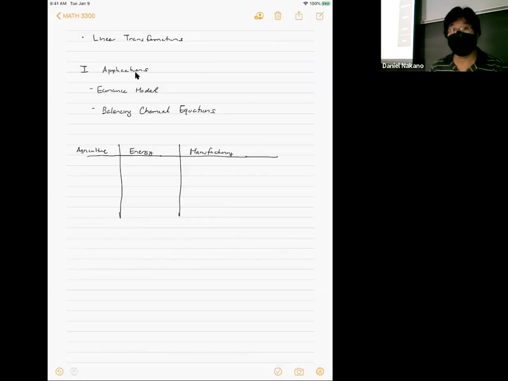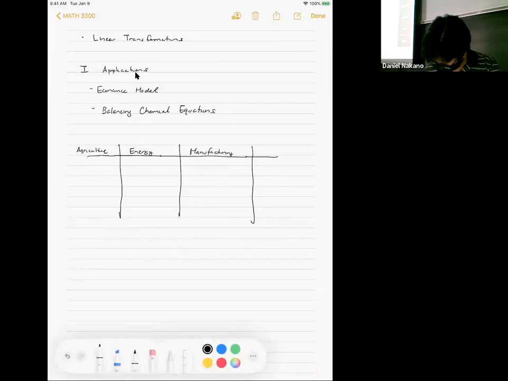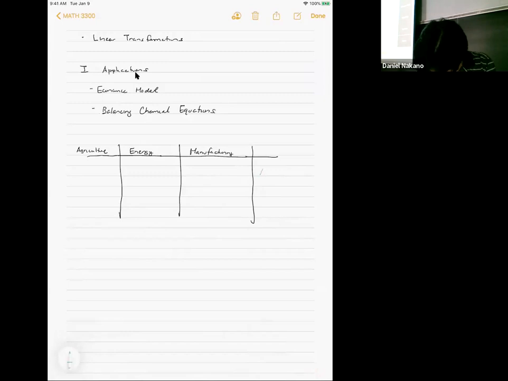Each of these sectors is going to redistribute some of their resources. Let me draw in a different color, so let's do it in green here.